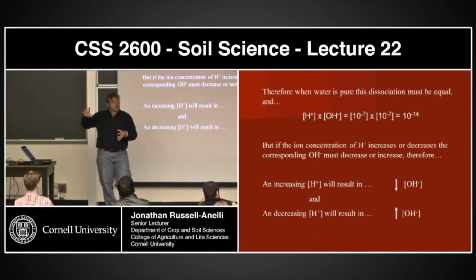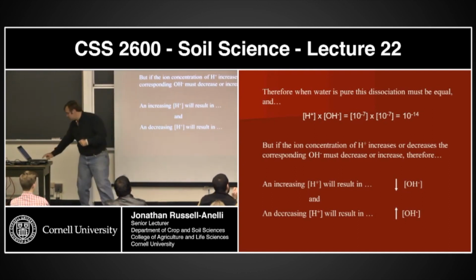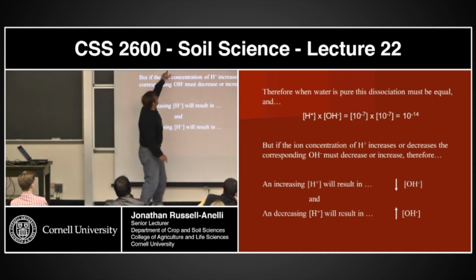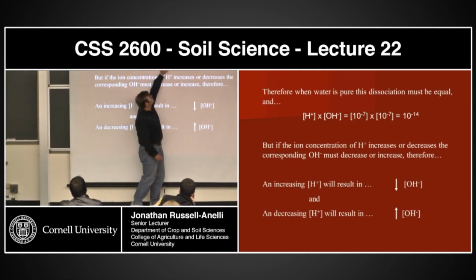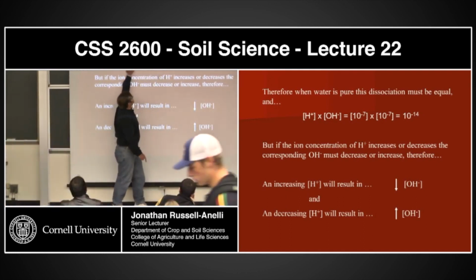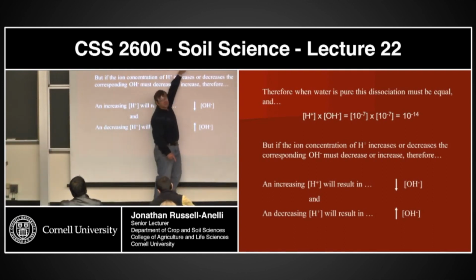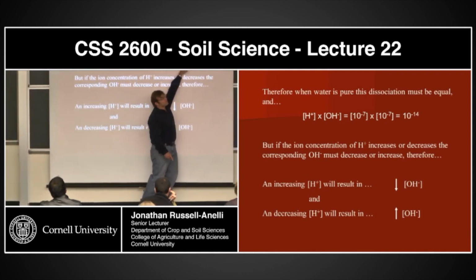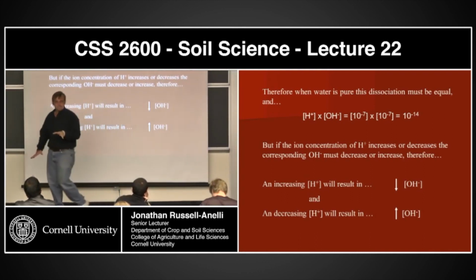There's going to be an equal part of protons to hydroxide. So the concentration of protons is going to be 10 to the negative 7th. The concentration of hydroxide is going to be 10 to the negative 7th. When you multiply the two of them together, you get that constant of 10 to the minus 14th. Right? Does that make sense to everybody?